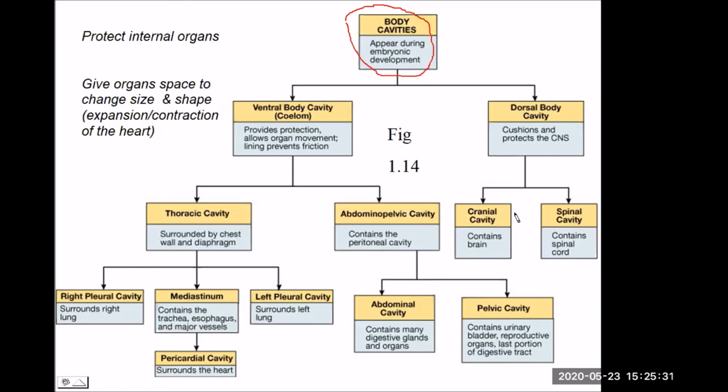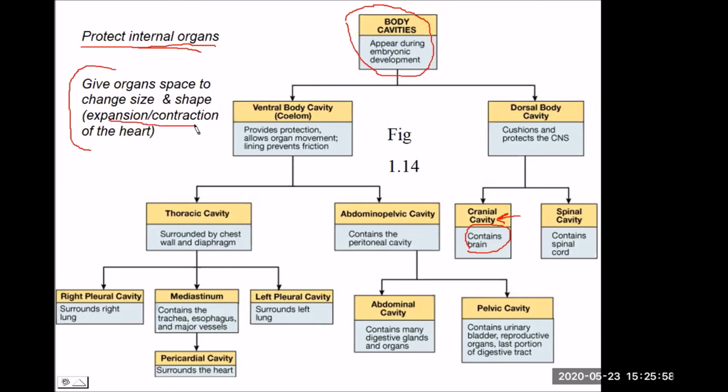So if we were to remove the bones of the cranial cavity, we would first see the brain. And if you were then to remove the brain, we'd be left with this hollow space called the cranial cavity. So these various body cavities contain and protect our delicate internal organs, and some of them actually allow for the organs to expand and constrict.